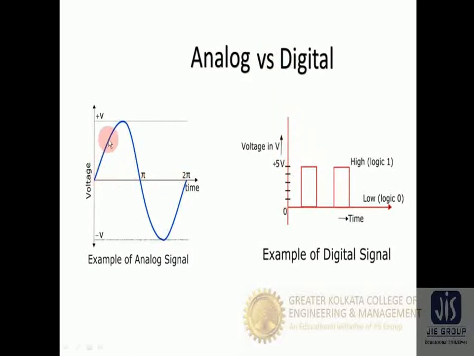If the amplitude domain is continuous, the signal is called analog, and if the amplitude domain, or the voltage domain or y-axis, is discrete in nature, then the signal is called a digital signal. Here we can see a digital signal which is discrete in the amplitude domain or the voltage domain. Here we can see it is the voltage domain, so the signal has either a 0 value or a 5 volt value. In this way we can distinguish the analog signal from the digital signal.